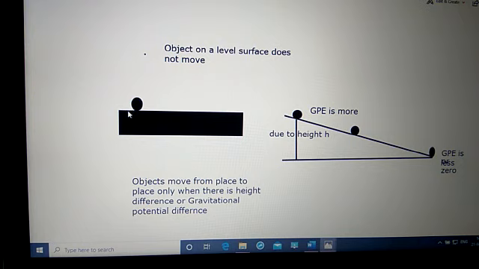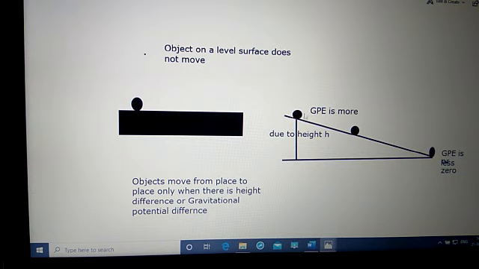See, here both the edges, both the sides of this surface are at the same height. There is no height difference. As there is no height difference, both are at the same gravitational potential. But here the height is more. As height is more, gravitational potential energy is more.